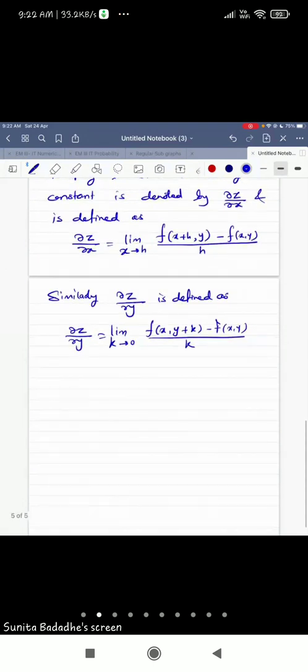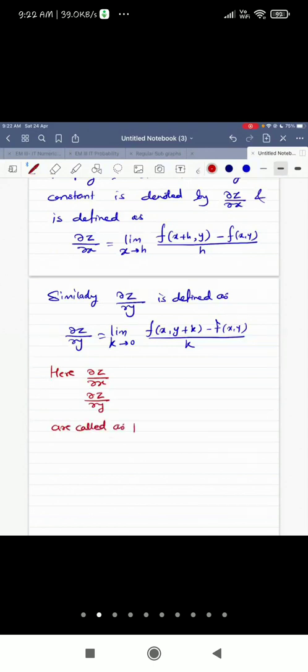Now these dabba z by dabba x and dabba z by dabba y are called the first order partial derivatives of z with respect to x and y respectively.